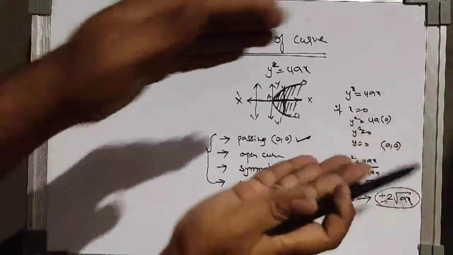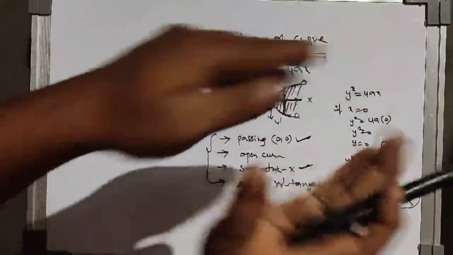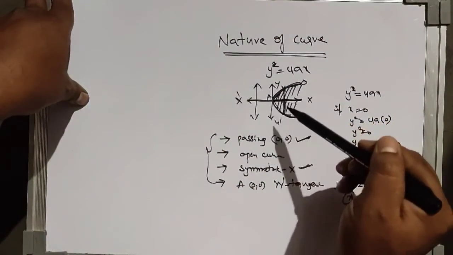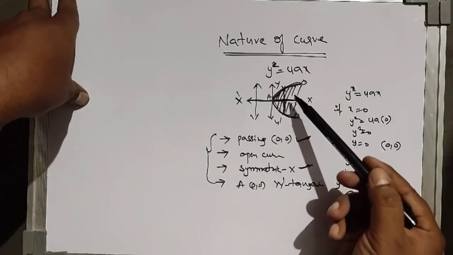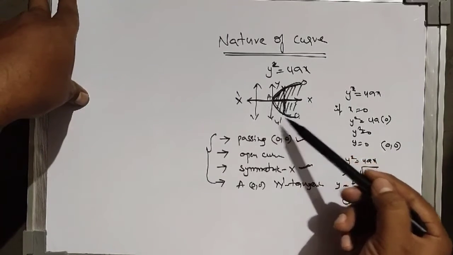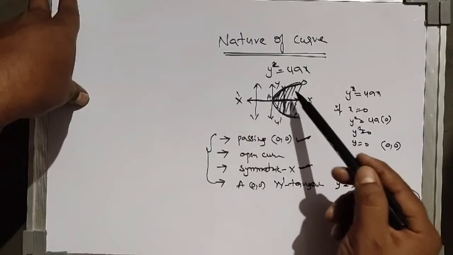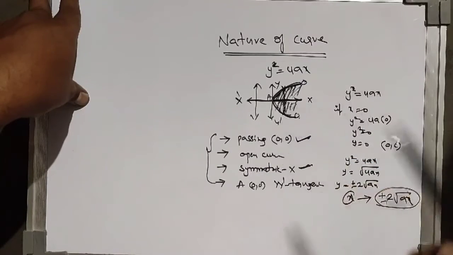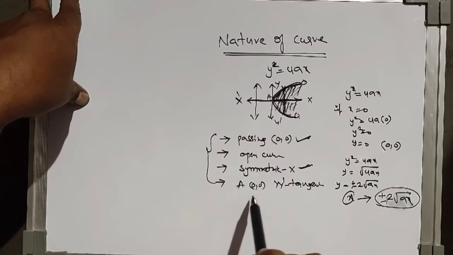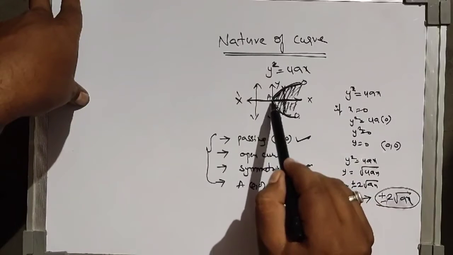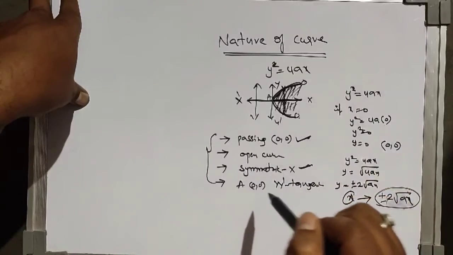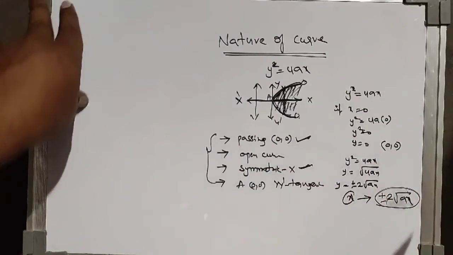That means if you fold about the x-axis like this, the two curves will meet. So this curve is symmetric about the x-axis; the upper part and lower part have the same area. And last, at the point A, y dash is the tangent to this curve. By this we understand the nature of the curve.